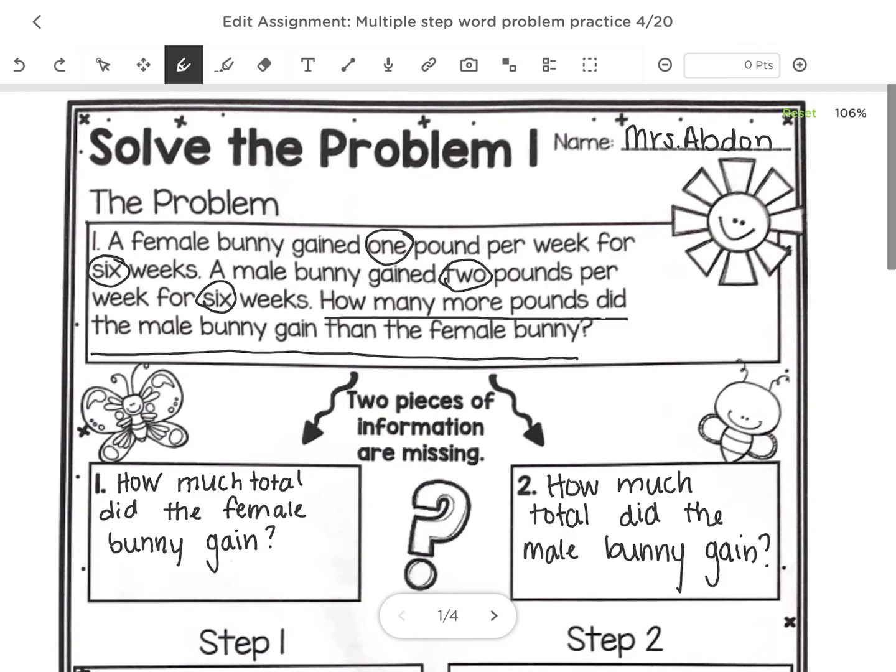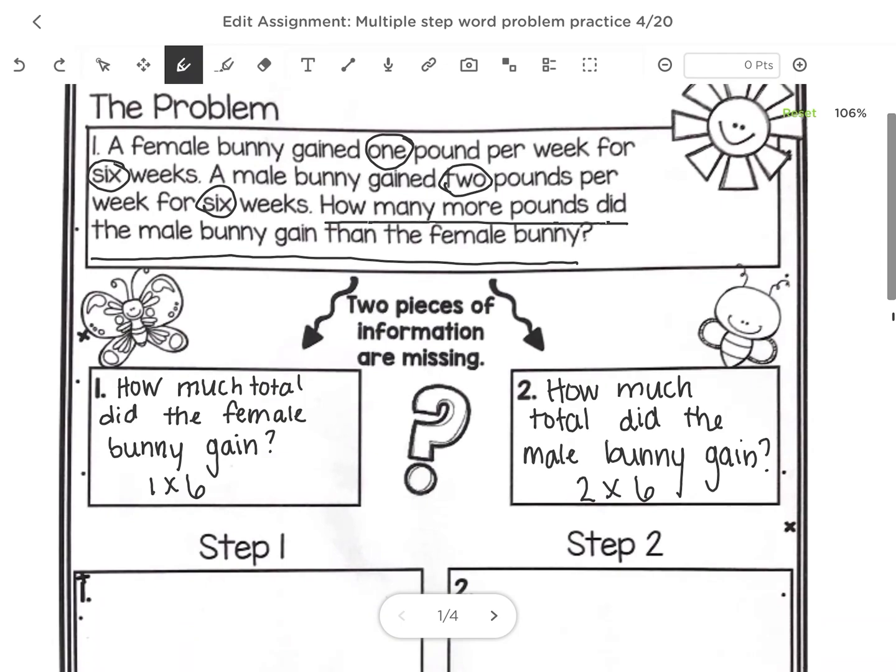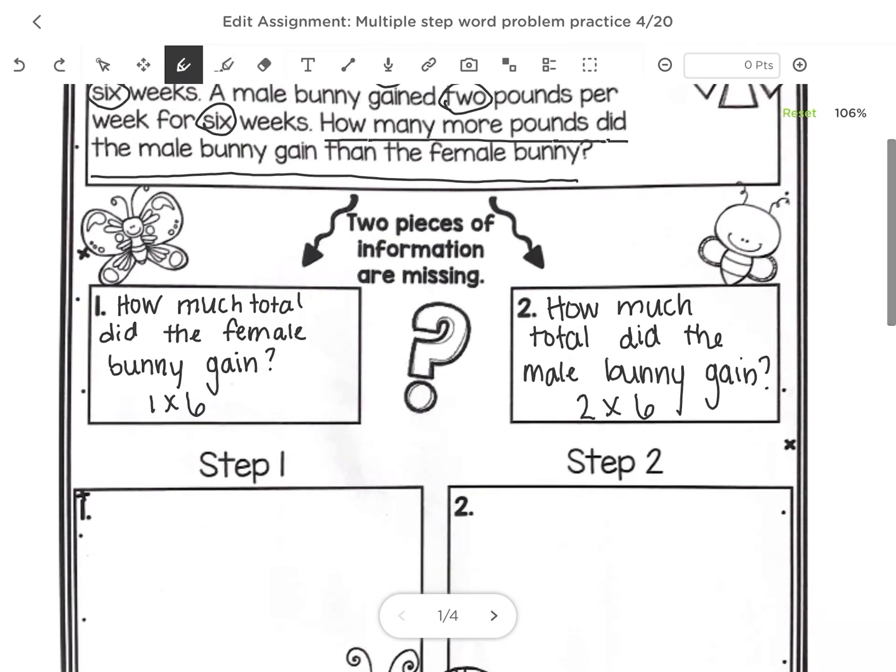It told us the female bunny gained 1 pound per week times 6 weeks, and the male bunny gained 2 pounds per week for 6 weeks. So those two pieces of information are going to be our step 1.